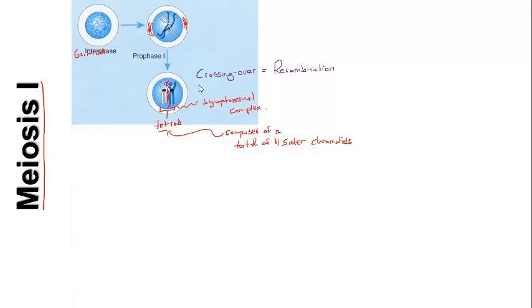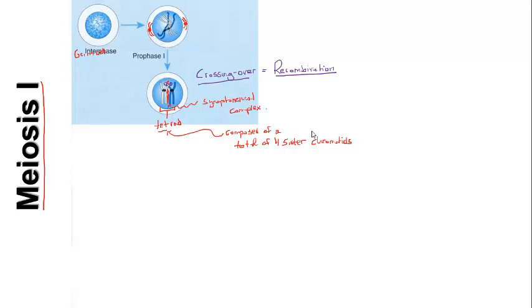And you're going to have to be able to recognize these processes as both being the same thing. The process is termed recombination as new combinations of different alleles are made on each sister chromatid.